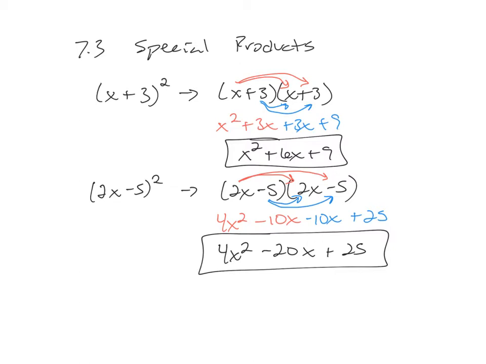So I think there might be on this assignment some with 2 letters. So you might have 3x plus 4y. Okay, so nothing different. You're just going to have multiple letters in the problem. That gives 9x squared.